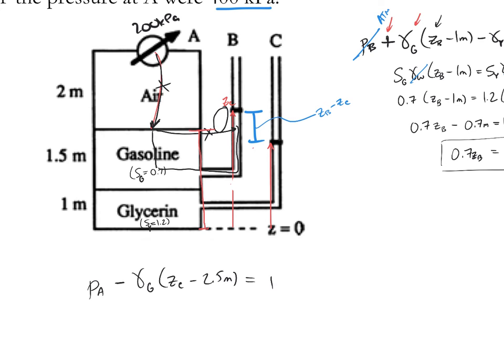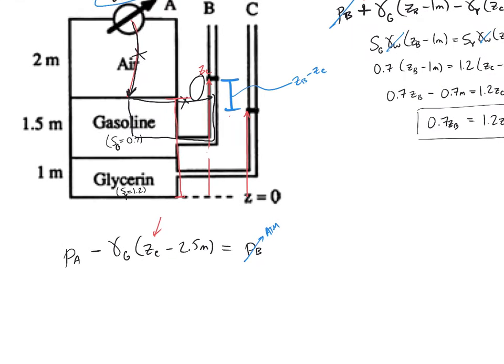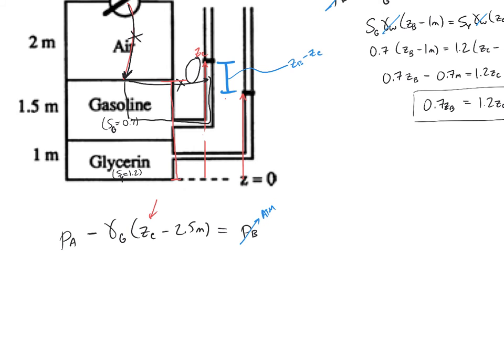And that's going to give me the pressure at B. So that's one equation, and it's got one of the things we're looking for here, which is ZC. And we can get rid of PB because this is atmospheric, so we use gauge pressures. Right there, we're making an assumption that this is gauge, which I hope seems reasonable to you. Then we'll go over here and do this for the second part.